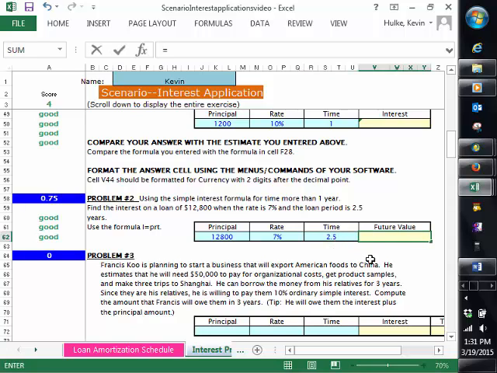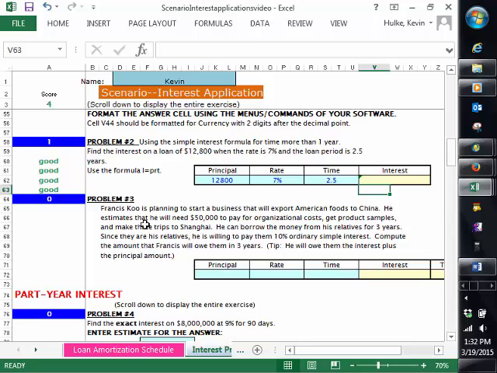So our future value will be, oh, I'm sorry, this is supposed to be interest. Our interest will be the principal times the rate times the time, and if you notice, you got that point.